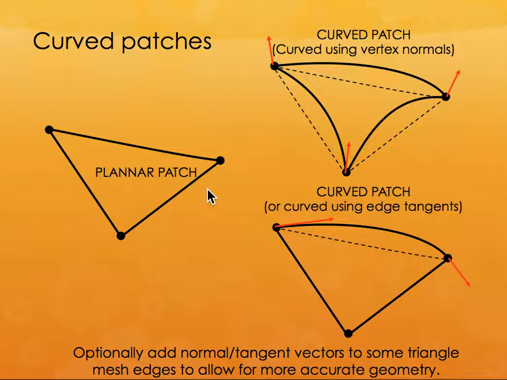Now, I'm sorry, there is a small mistake here. It should be planar patch. But what you can see is that this kind of triangle, you can't use to fill all the space. If you really want to accurately fill all the space without creating any gaps, you need to have curved patches, using vertex normals or curved patches.